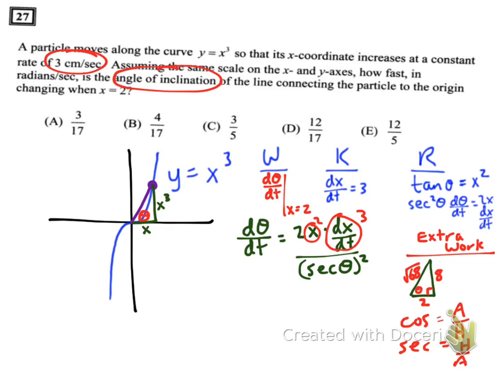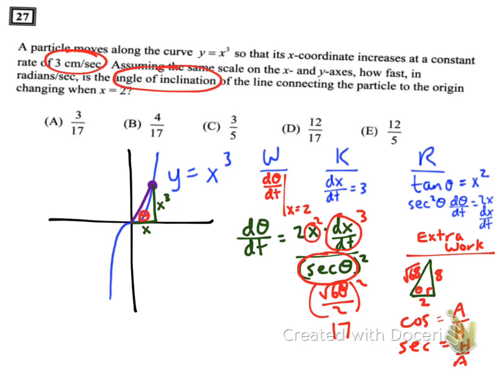The hypotenuse is radical 68, the adjacent is 2, so we can replace the secant with radical 68 over 2, and when we square it, we get 68 over 4, which is 17. Okay, so we have 17 down here.